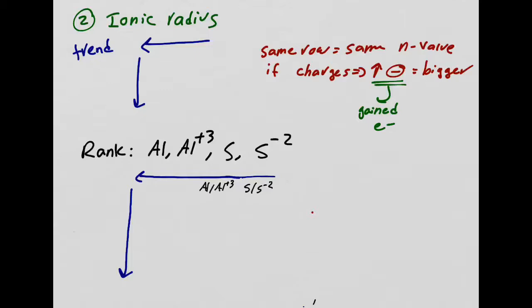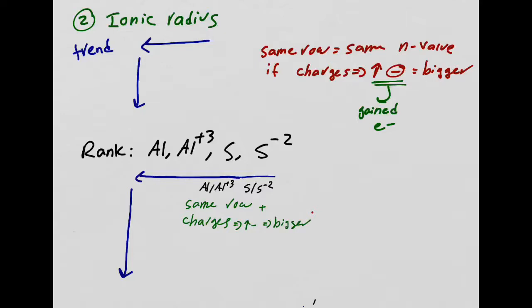I'm going to explain this again. I know I'm repeating myself, but I want to make sure you really get this. If you're in the same row, plus you have charges, which is the case here, then remember, the more negative you are, the bigger you are.